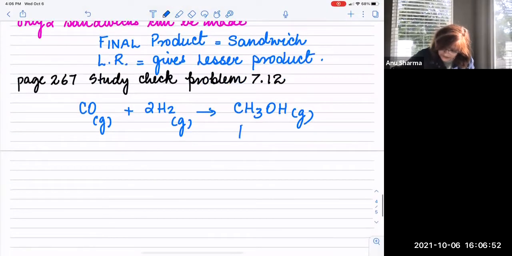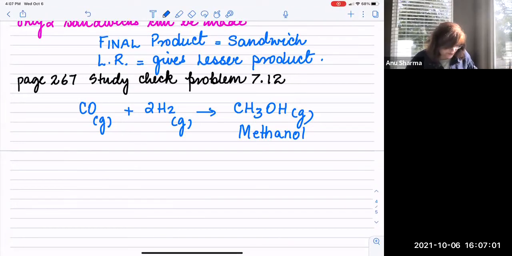This is called methyl alcohol or methanol. It's an organic compound. In this balanced equation, we see that this is 1 mole, this is 2 moles, and this is 1 mole.